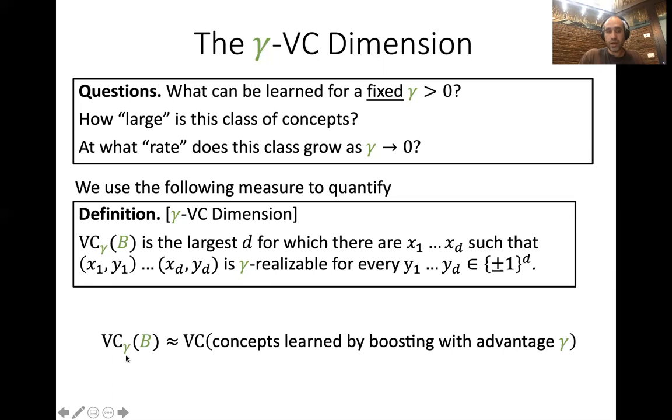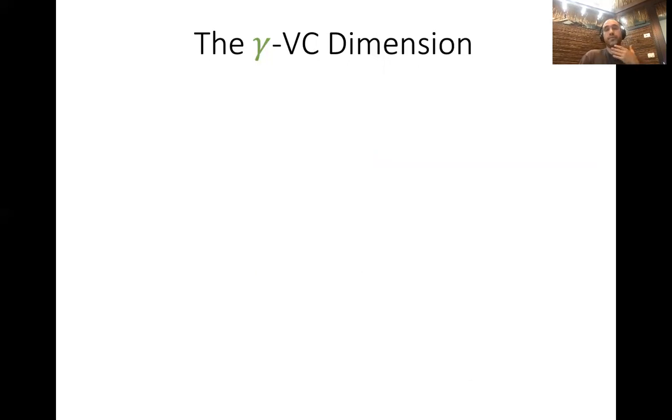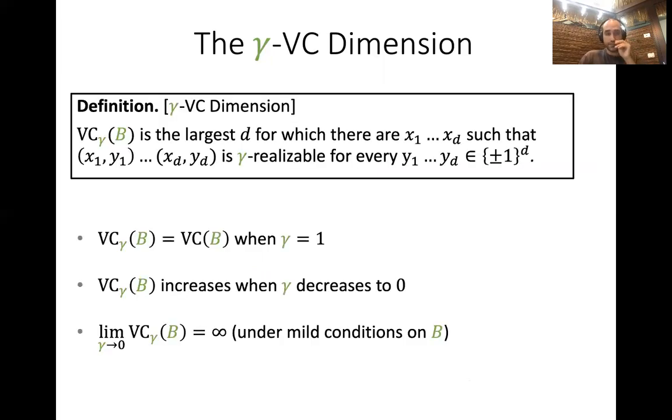When gamma equals 1, it's just the VC dimension of B. And when gamma goes to 0, it goes to infinity. So it's the VC dimension of concepts that are gamma correlated with B. And then we ask how large can the gamma VC dimension be? How small can it be?